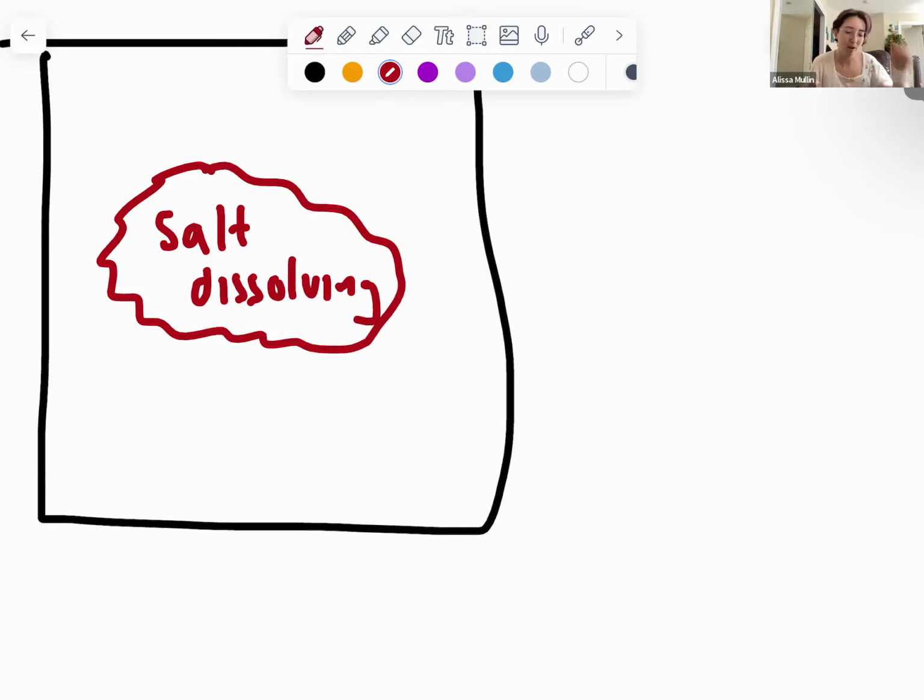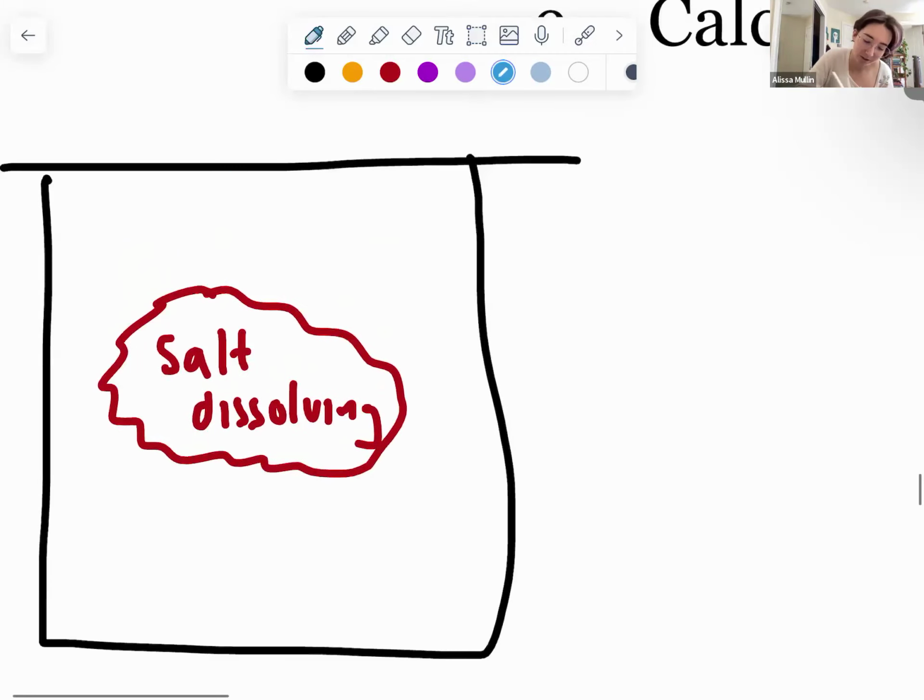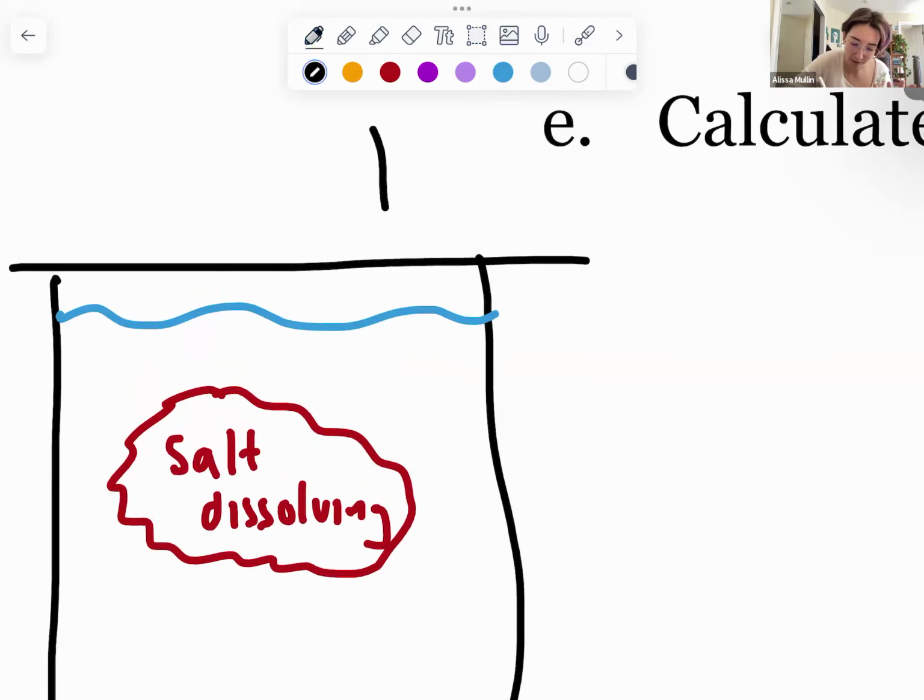Think about what's happening for that reaction, and then it's in the water. So what we're measuring here is the interaction between the salt and the water. When you have your thermometer in this solution, what you're actually measuring the temperature of is the water.